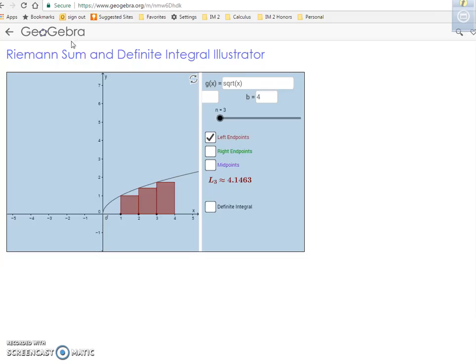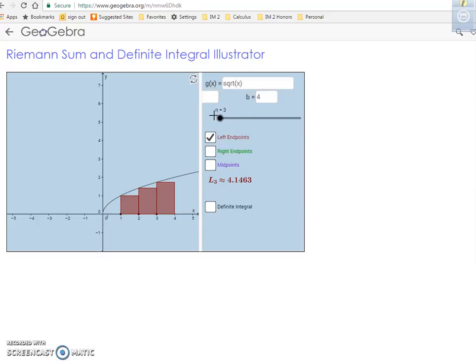And I'm going to use this website, GeoGebra, to get a better visual of what's going on. Here in GeoGebra, I have the graph for y equals radical x, which is more or less what we had in my previous slide. So three rectangles, left endpoints.